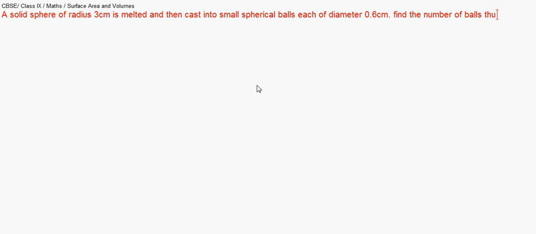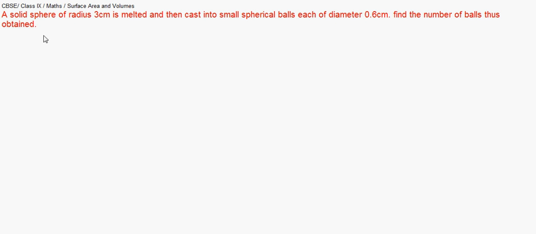When we are melting and casting one figure into another, the total volume will remain the same from the first one to the second. So that means the total volume of the sphere with radius 3 centimeter given will be equal to the total volume of x number of spheres that are made of diameter 0.6 centimeter.